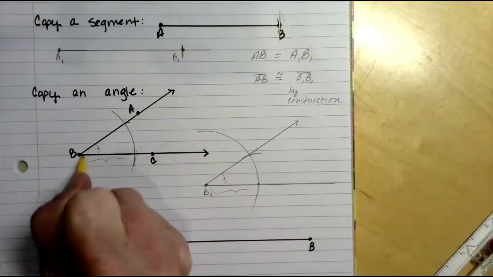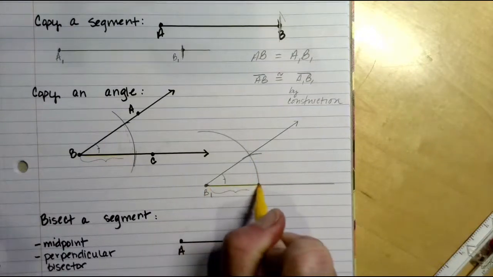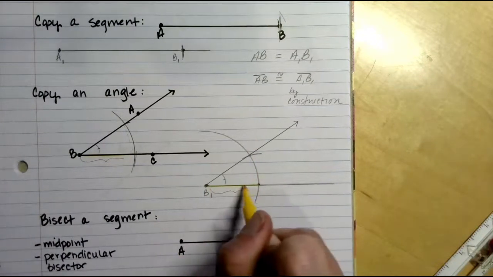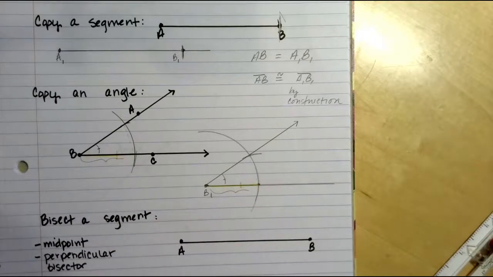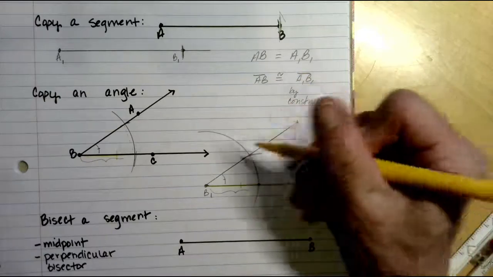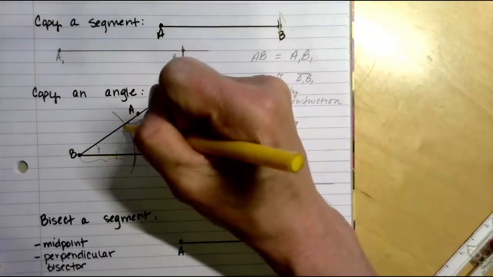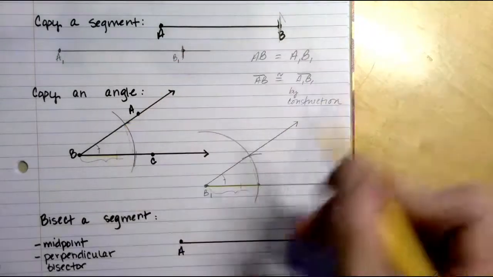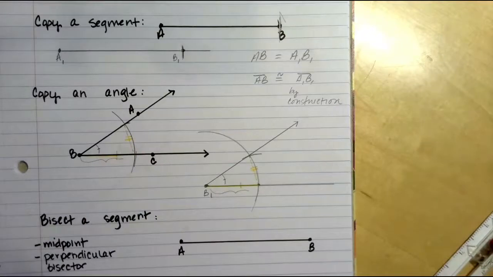Here is a radius of this circle. And so this is guaranteed to be the same length as that. Here is my second side of my triangle, and I measured it so that these, again, sides are the same.